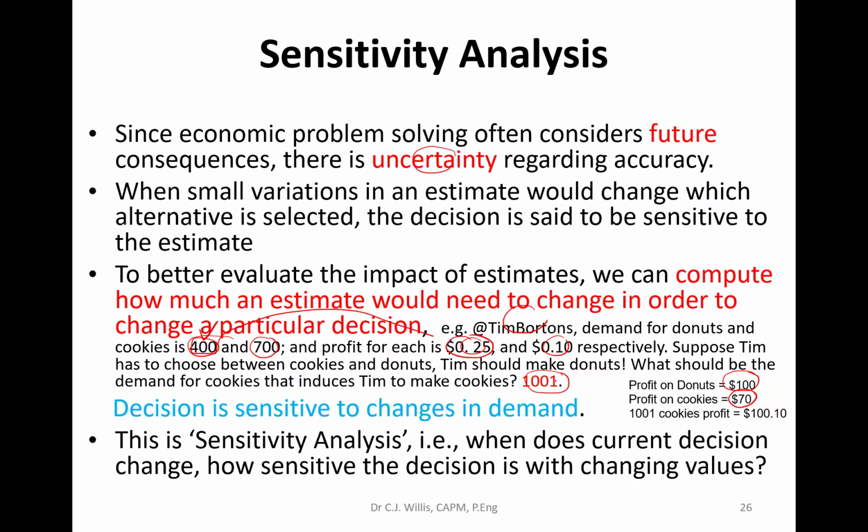That means both should be equal, right? If it is 1,000... Tim should make donuts because you're making more profit on the donuts, right?